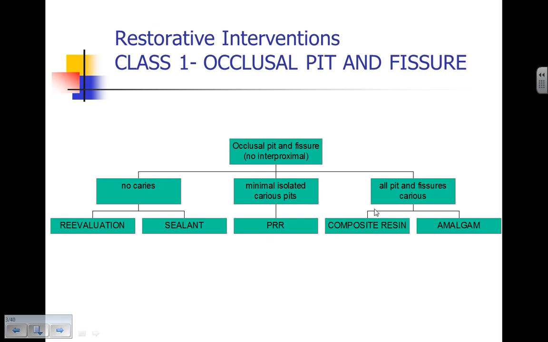As pits and fissures become more extensively carious, we're looking at more conventional preparations. It's very similar to what you did in your first year preclinical course. We'll be looking at restoring these directly, either with composite resin or with amalgam restorations, following the principles of cavity preparation that we've reviewed in the past.